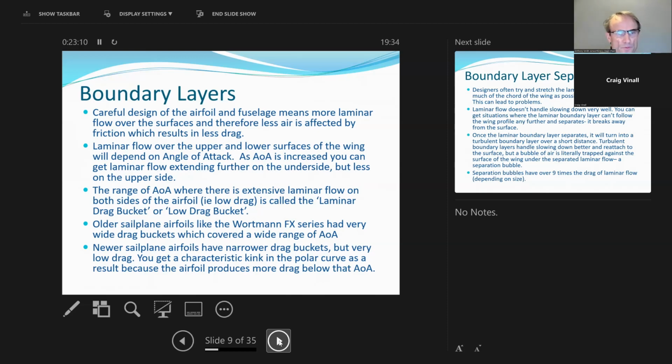And the range over these, the angle of attack range, where we get extensive laminar flow on both sides of the airfoil, so this low drag state the wing operates in, that's called the laminar drag bucket or the low drag bucket.